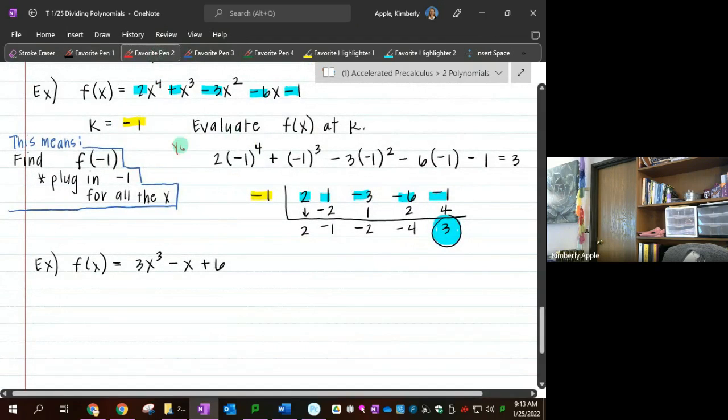So you can do this. Or you can do this. You can do all of this, or you can do this, and you'll get the same exact result. Are we still using -1?